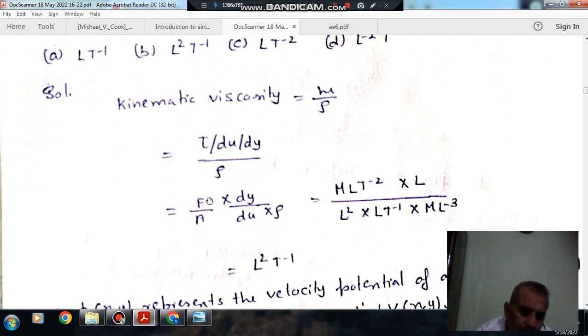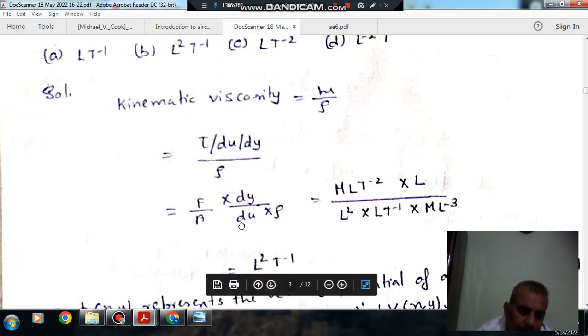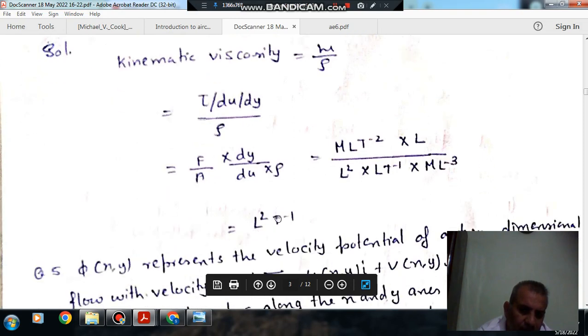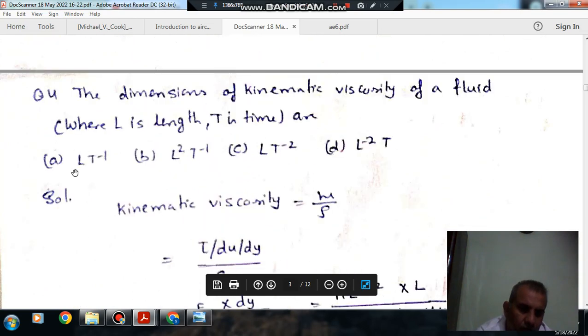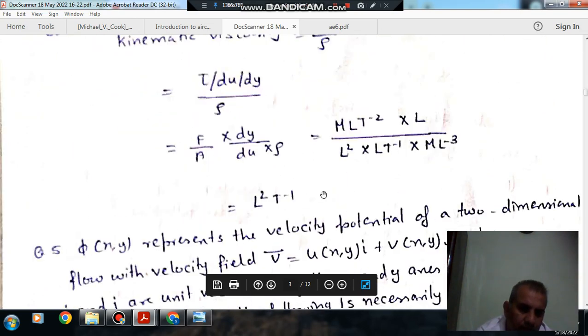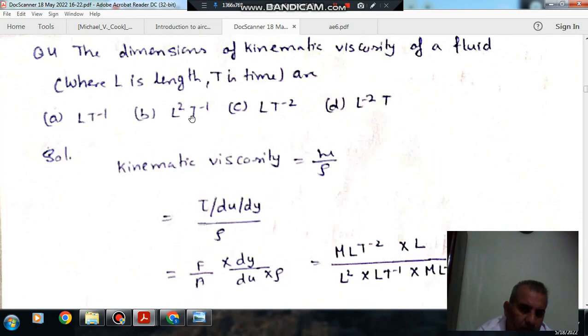So the dimensions of F is MLT^-2, dimension of dy is L, dimension of A is L squared, dimension of u is LT^-1, dimension of rho is ML^-3. So following this we have L^2 T^-1. So L^2 T^-1 means option B is the right answer.